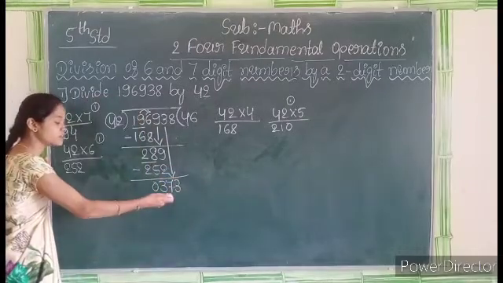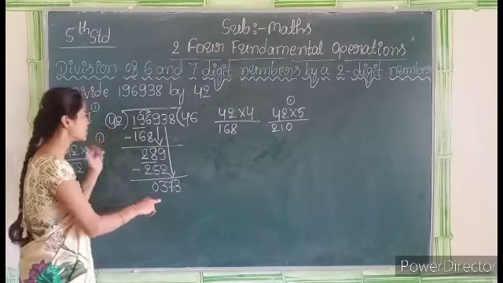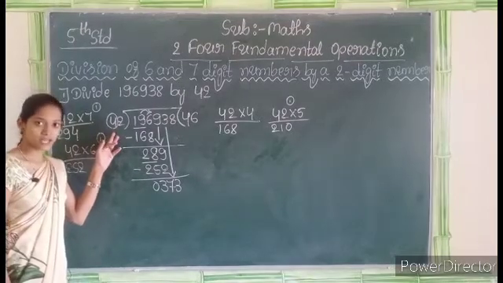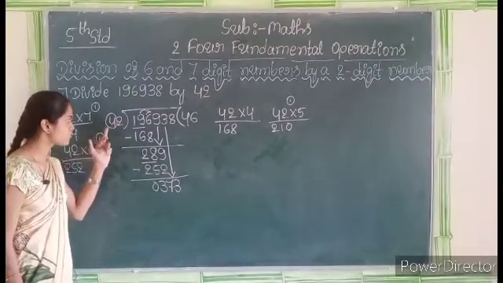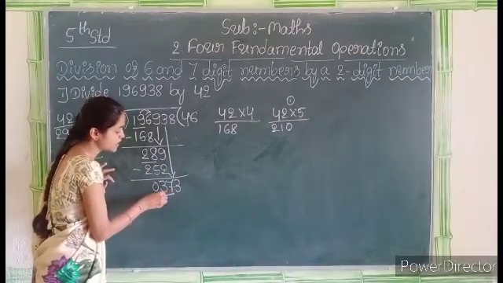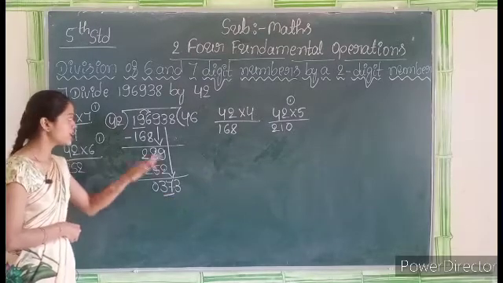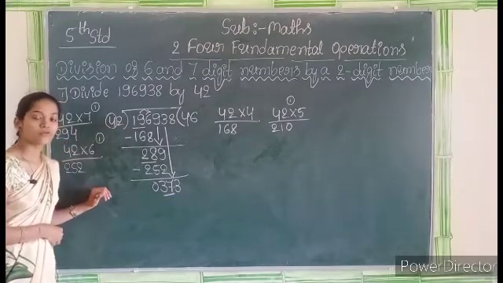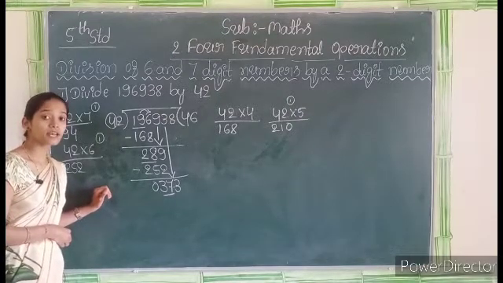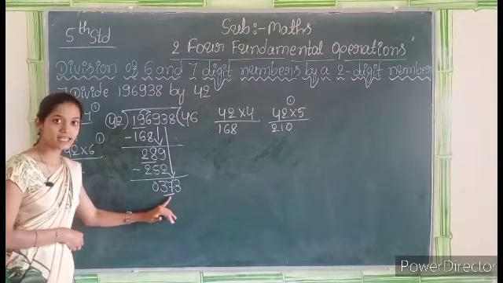Now we have to find out which number is less than or near to 373 in the table of 42. Again we consider the first leftmost digit of the divisor, that is 4, and the two leftmost digits of the dividend, that is 37. Which number is near or less than 37 in the table of 4? 4 8s are 32, 4 9s are 36, 4 10s are 40. 4 9s are 36, 36 is near to 37.